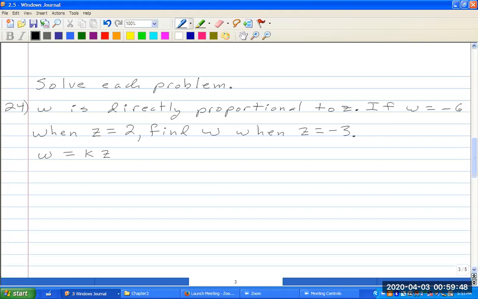And so W is equal to -6 when z is equal to 2. Divide both sides of your equation by 2, and so k is equal to -3. Therefore, W is equal to -3z.